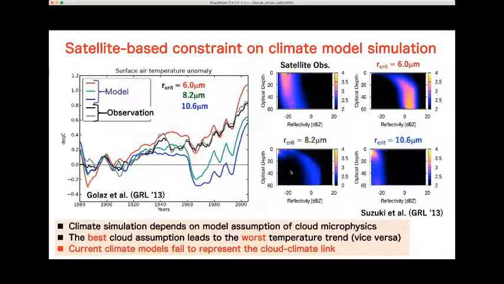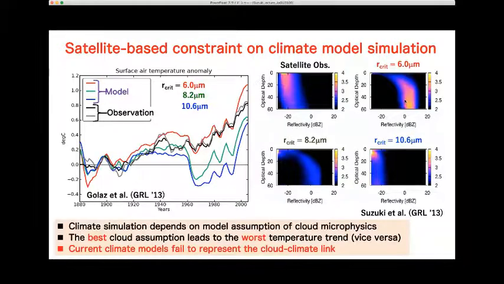And as a result, the climate simulation, for example, should be better constrained by this observation information. But as a result of such a comparison, the scenario that can better represent the global warming trend is actually based on the wrong assumption of the cloud processes based on the satellite observations.